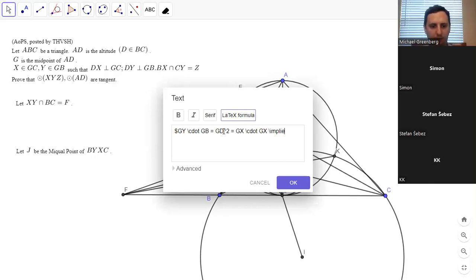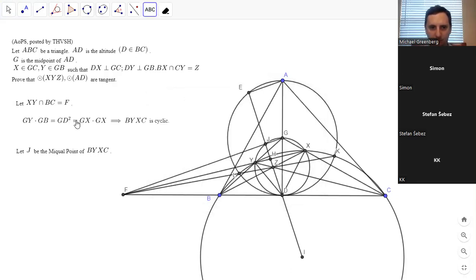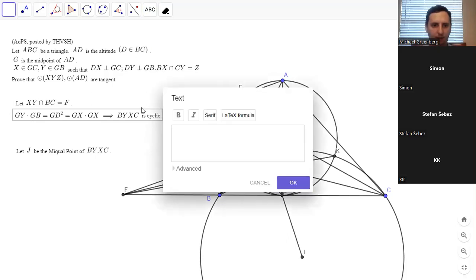And that means that BYXC is cyclic. Let BYXC intersect the circle with diameter AD at K and L.